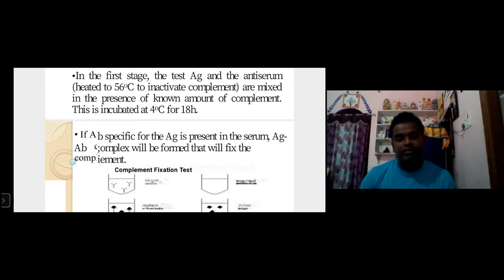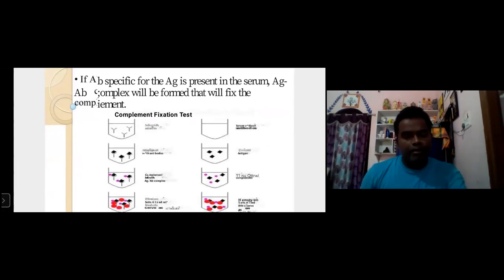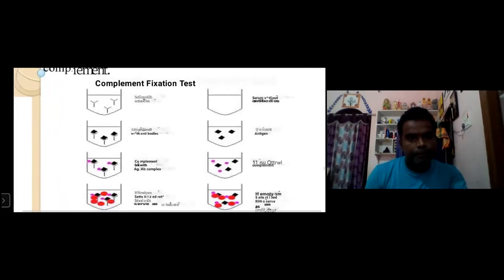For example, in the complement fixation test, see here, antibodies are there in the serum, along with the antigens and the complement, the pink color.